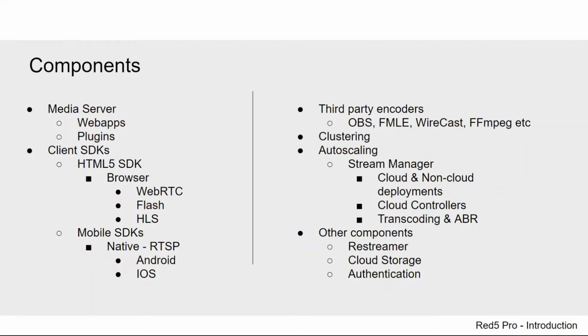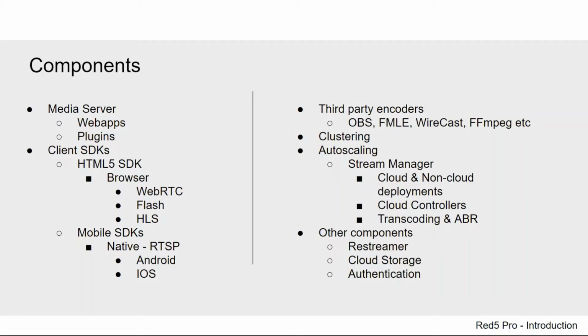So whenever you get more traffic, the stream manager will create new instances, new edges, new origins as needed based on the rules defined. And I would always recommend using stream manager based automatic cluster management as opposed to setting up your own manual clusters.